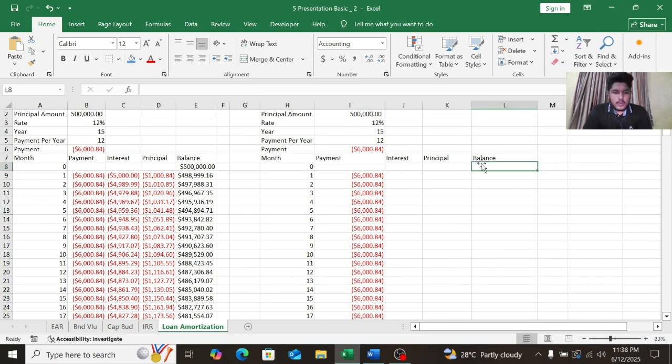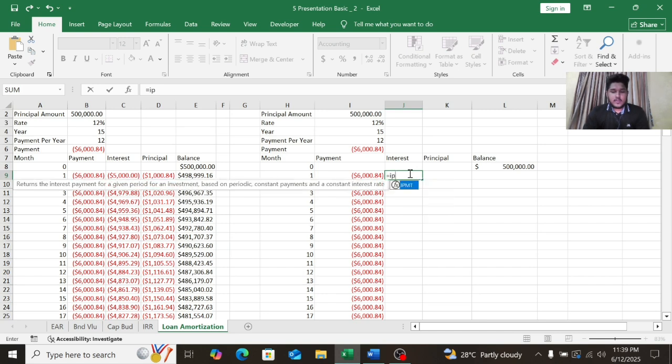Now first of all we have to take our balance of 5 lakhs and make it currency. Now we are going to calculate the interest payment of the total payment. For this we are going to use the interest payment formula. The rate is 12% divided by 12.